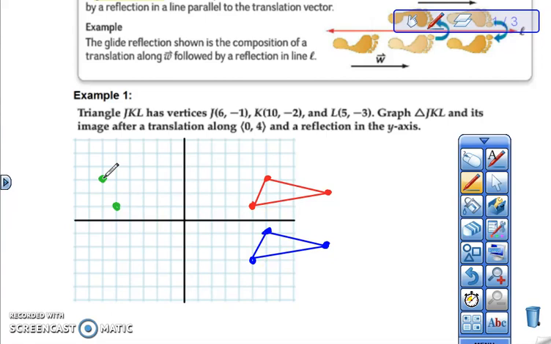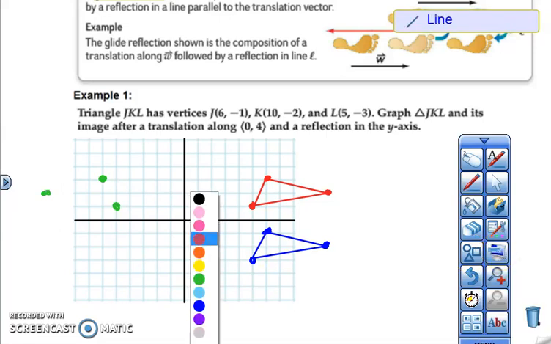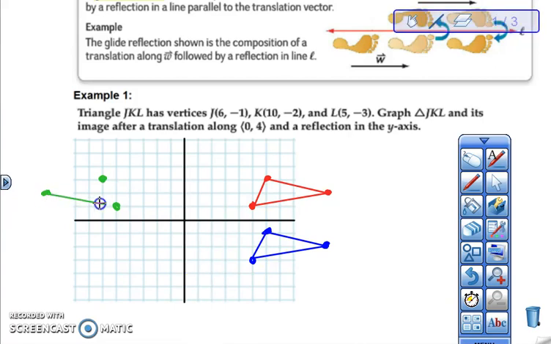And then of course our final point was 10 spaces from the axis, so it's going to be 10 spaces on the opposite side. So 1, 2, 3, 4, 5, 6, 7, 8, 9, and then 10 would be about here. Let's get my line. So our final image is going to end up right about here.